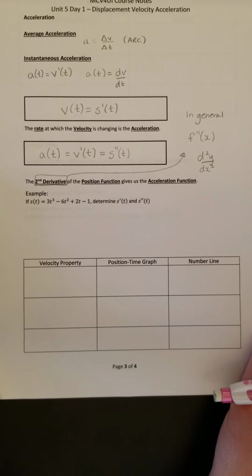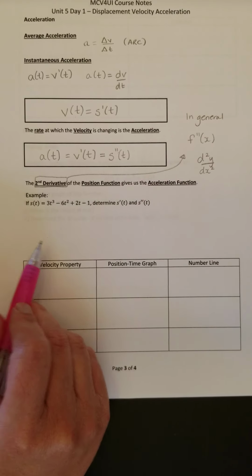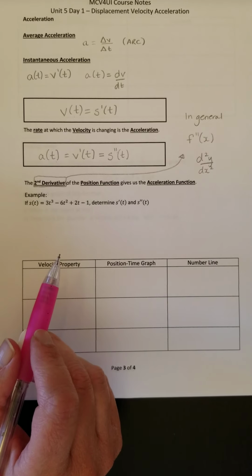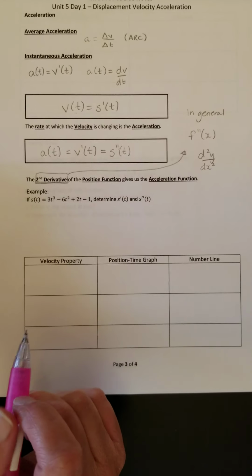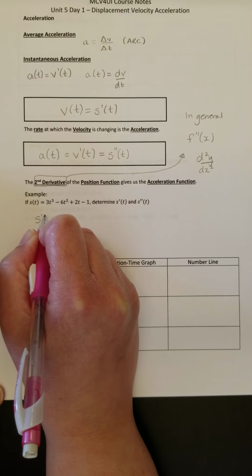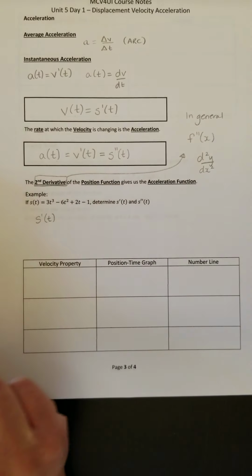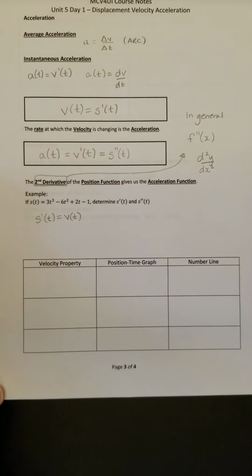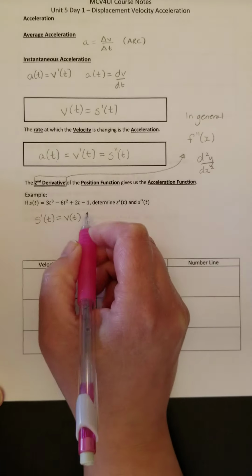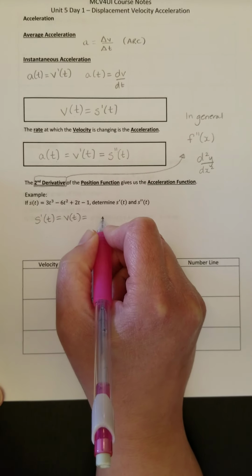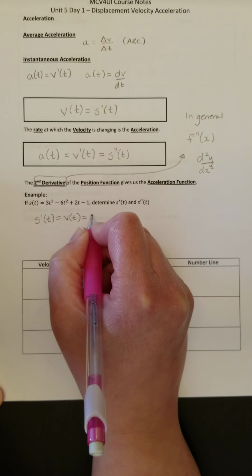Okay, so pretty simple example here for the first one. It gives a displacement function that's a cubic. So we can say the first derivative, s prime, and we can also label that as v at t. That's the same thing. And we'll just do the derivative of this cubic, 3t cubed minus 6t squared plus 2t minus 1.